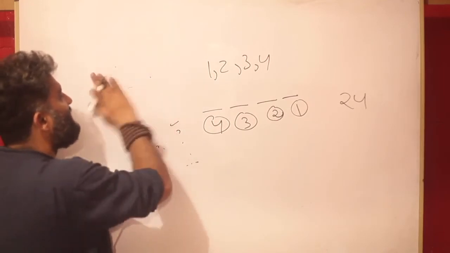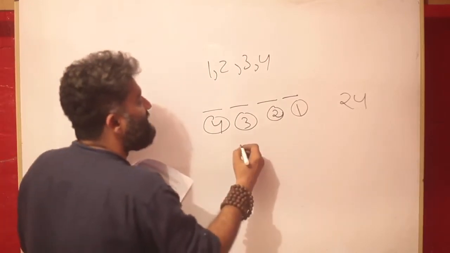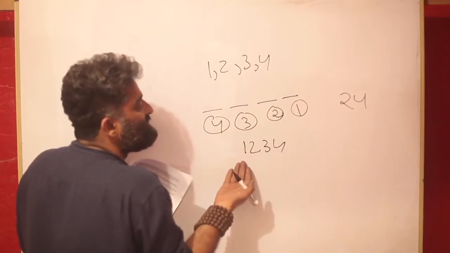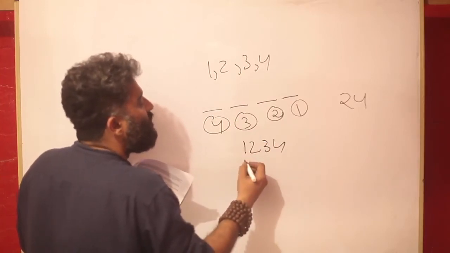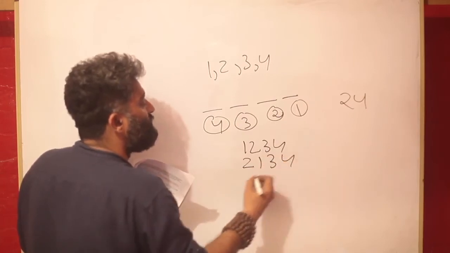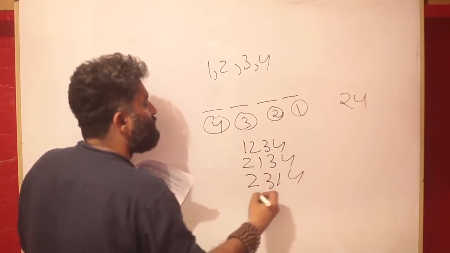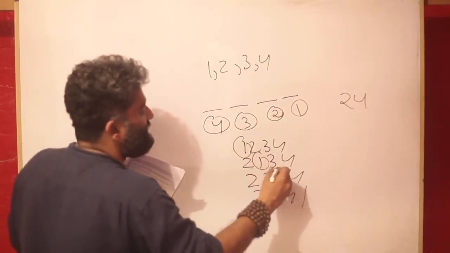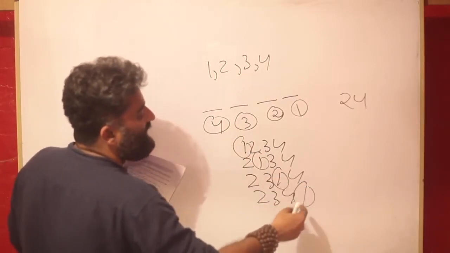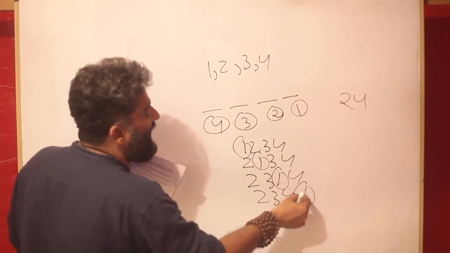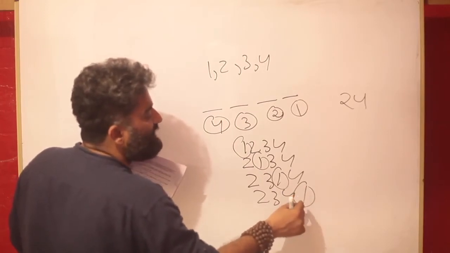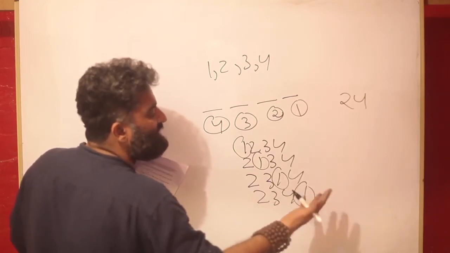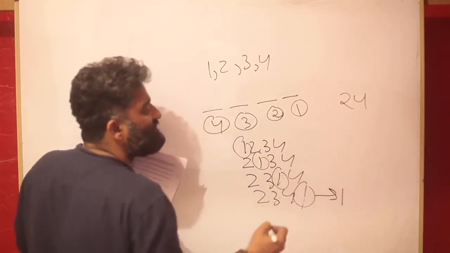And where am I heading with this? So if I say, for example, 1, 2, 3, 4, where 1 is in the thousands position, or 2, 1, 3, 4, or 2, 3, 1, 4, or 2, 3, 4, 1, I'm just focused on this 1's place. So what is this 1 going to add because of being here? In this case it is 2341, so this 1 only means a value of 1 addition.